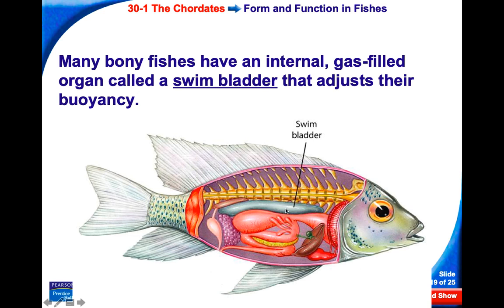It's right in the middle, and they can adjust how much gas is in that swim bladder, just like you would add or release air from a pool floaty. Kind of the same idea. It's a way for the fish to adjust its buoyancy depending on how deep or how close to the surface it wants to swim.